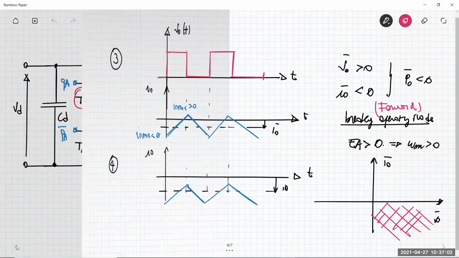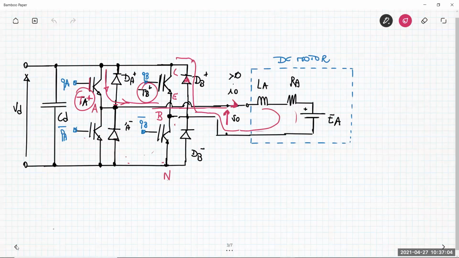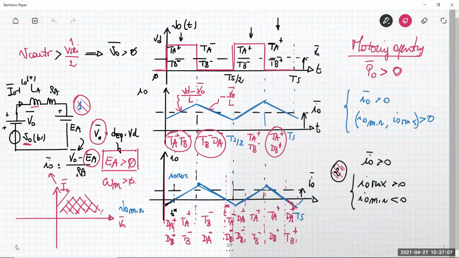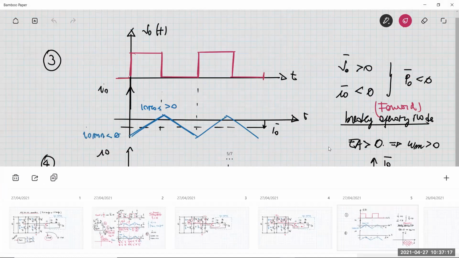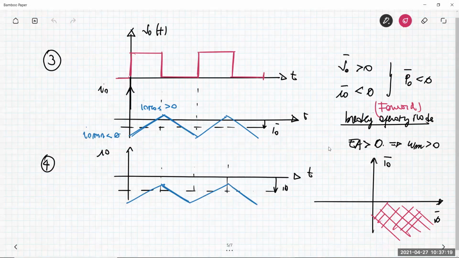The previous one was forward motoring. So now here in quadrant number 4, what are the devices that conduct the current? You can look at the discussion we had before, and we have the same reasoning.